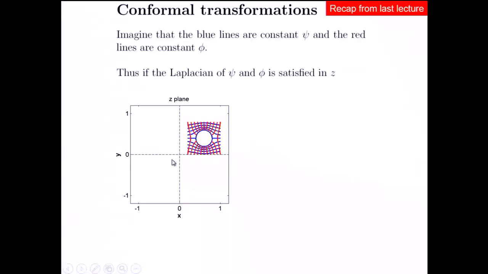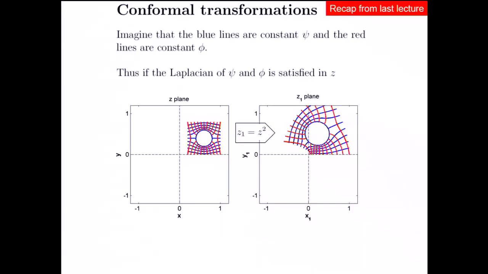Which means that if we define some sort of flow in the original plane and we calculate the stream function and potential function, of course we hope that this property should be preserved in the new transformed plane, and conformal transformation will satisfy this requirement.